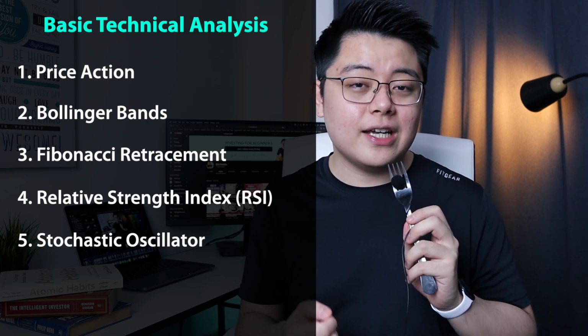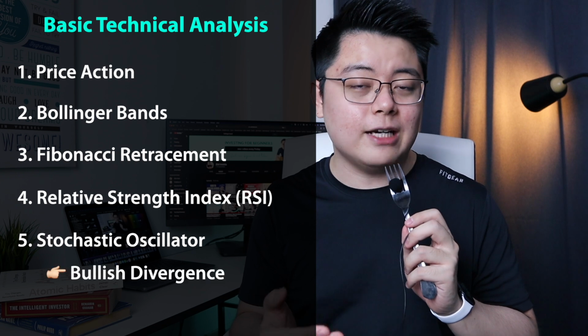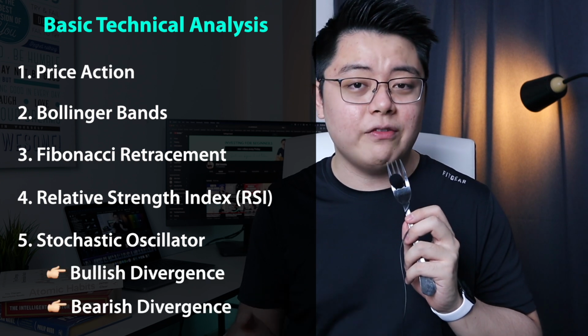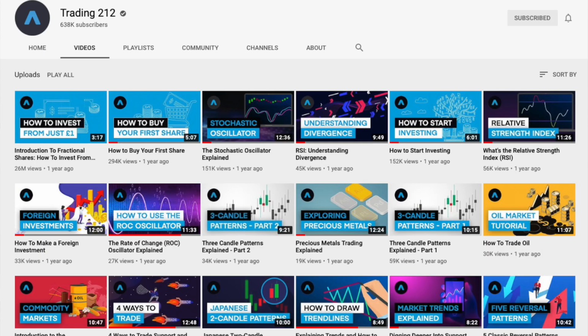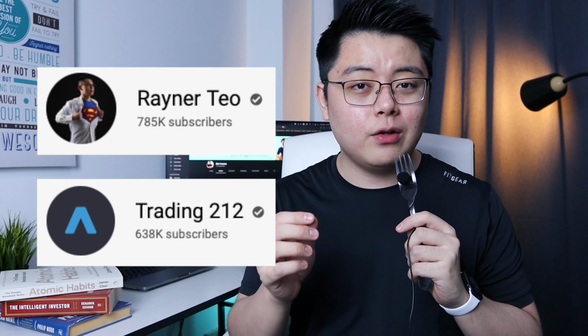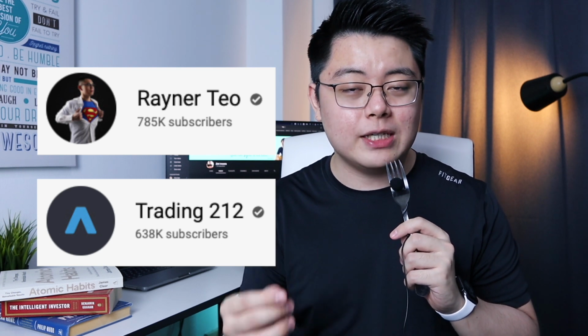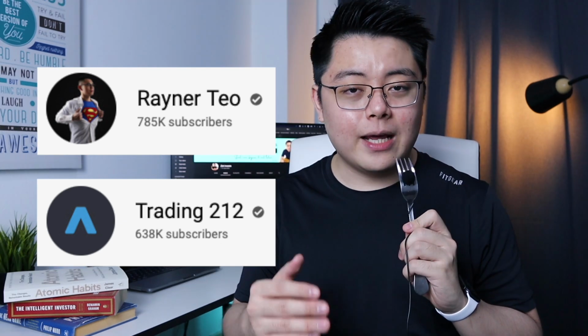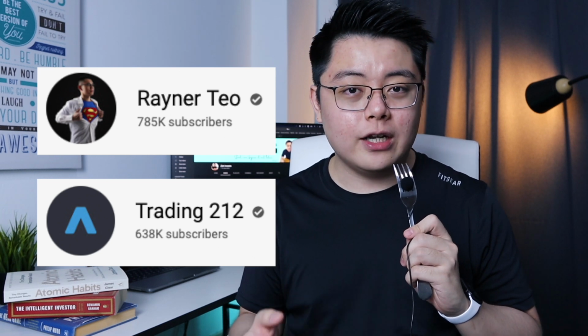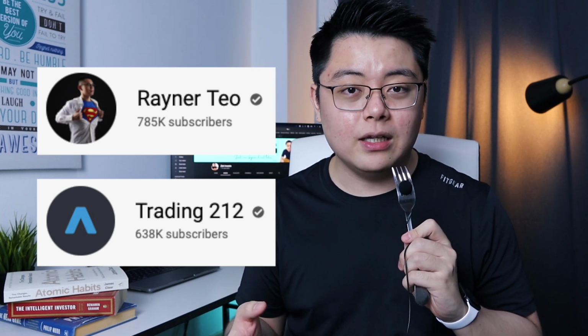And using RSI and stochastic, you can plot things like bullish divergence or bearish divergence. Also, if I may suggest, follow trading channels such as Rainer Teo and Trading 212. They really break down all those complex indicators into simple and digestible versions, and I'm sure you will be able to enjoy and appreciate technical analysis by learning from them.